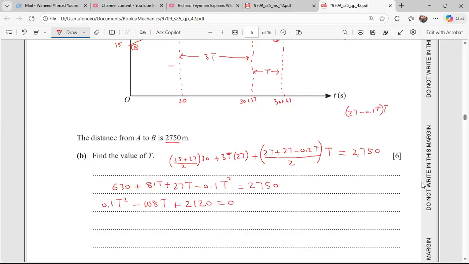Yes, I'm multiplying everything with negative. 81 plus 27 is 108, so we have to multiply with negative, so it becomes negative. And from negative 2750, I will add 620 and then again multiply everything with negative.